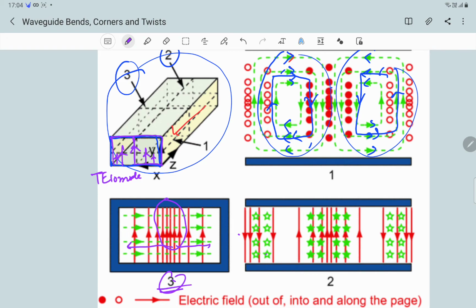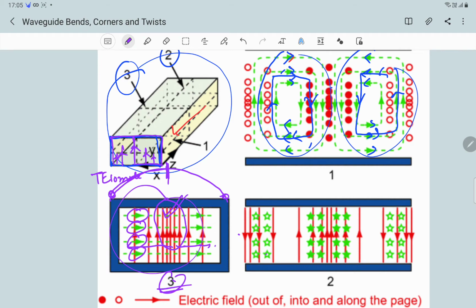The density of the lines shows that the electric field is stronger at the center and goes on decreasing towards the ends. The green lines in between indicate the direction of the magnetic field, which is perpendicular to the direction of the electric field. So the electric field is maximum at the center and minimum at the ends, as is shown here.